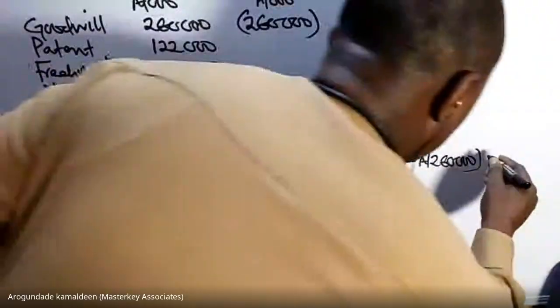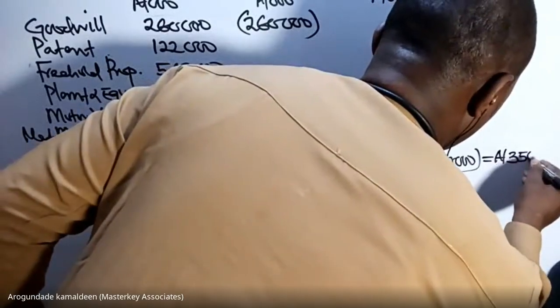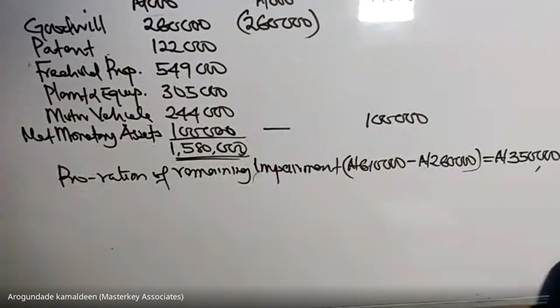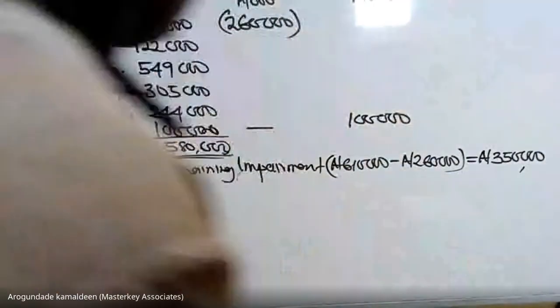So we are having 350 left. So that is what we are having left now as an impairment.